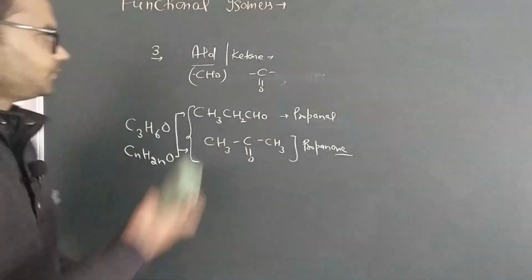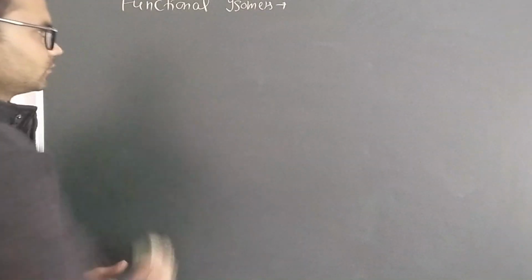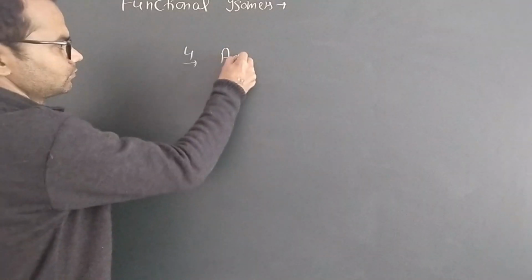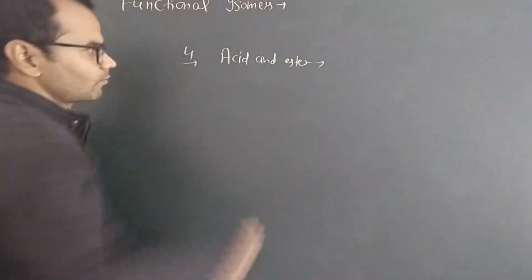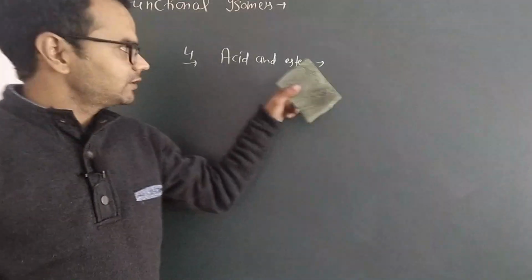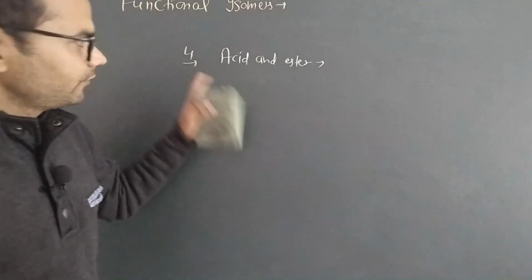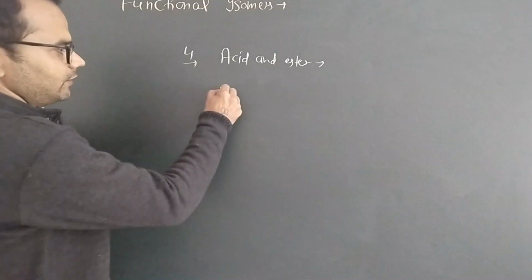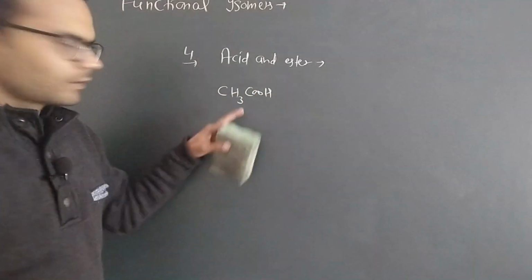Fourth is acid and ester. Ester is the derivative of acid. We have discussed this in nomenclature. So again we are going to compare acid and ester. For example, we have a 2 carbon acid.